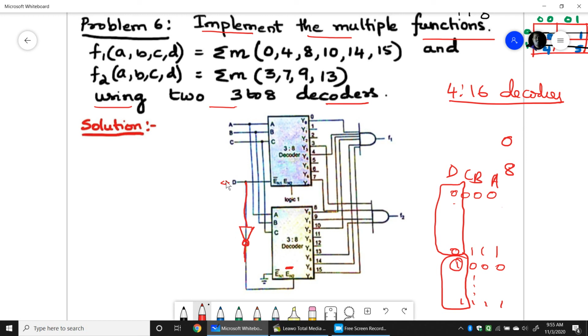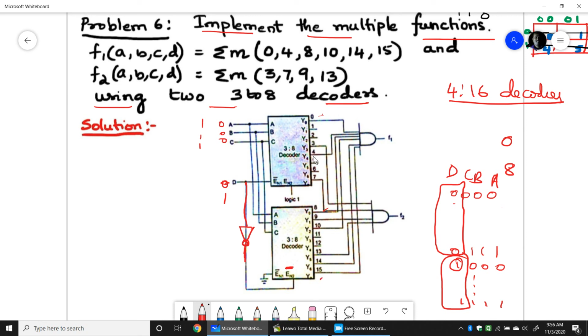For the first 8, D is 0, whereas A, B, C will vary from 0 0 0 till 1 1 1. Therefore these lines will be selected. For the next 8 values, D will be 1, whereas this one is disabled and this one is enabled. These lines are selected, so this will be 0 to 7 and this will be 8 to 15.